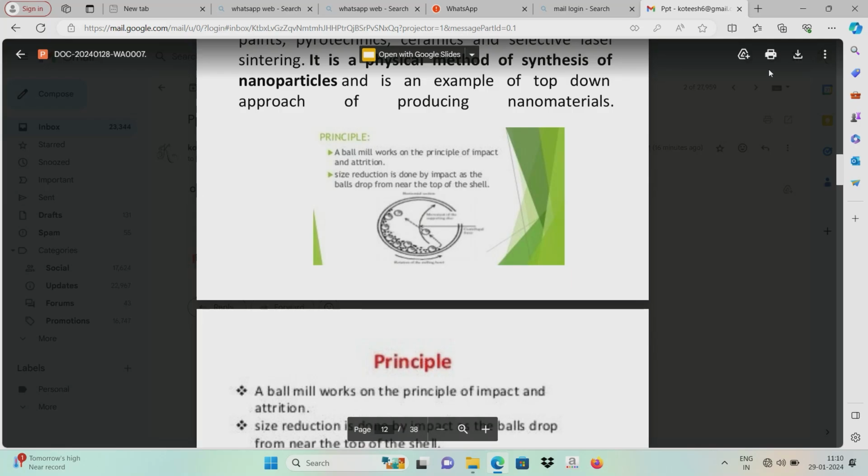The size reduction is done by the impact of the balls near the top of the shell. Then we fill the shell again with materials, rotate it about the horizontal axis, and the materials are ground into powdered form.